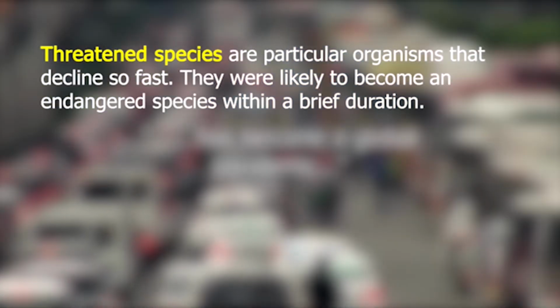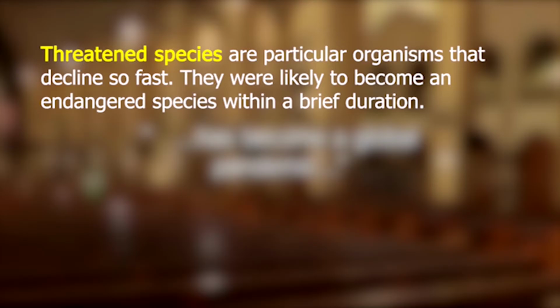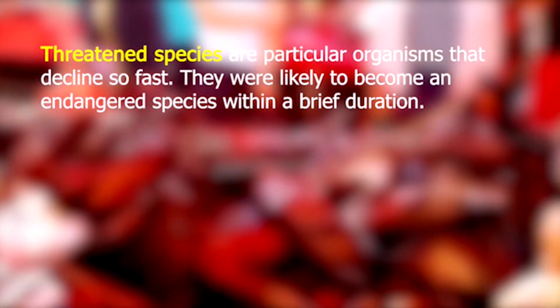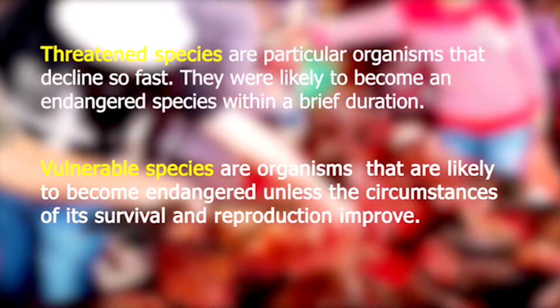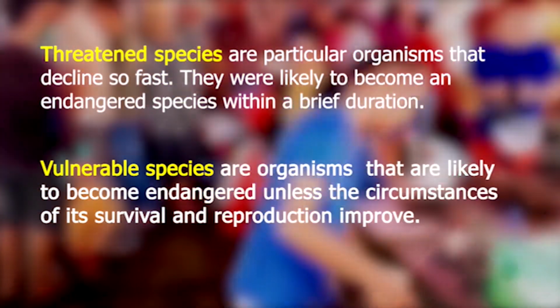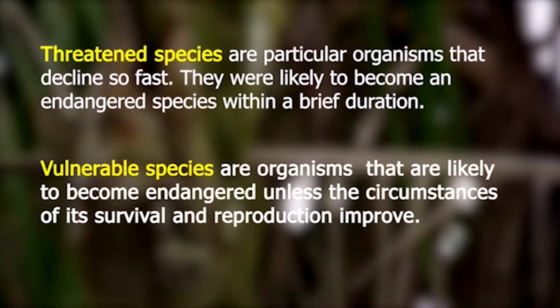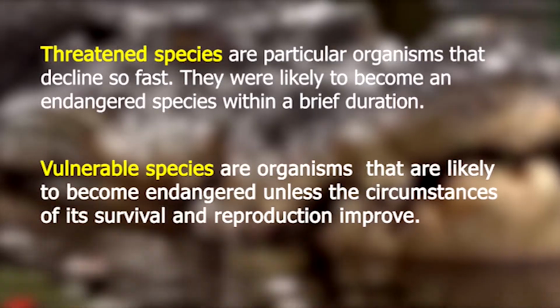Threatened species are particular organisms that decline so fast. They are likely to become an endangered species within a brief duration. Vulnerable species are organisms that are likely to become endangered unless the circumstances of their survival and reproduction improve.